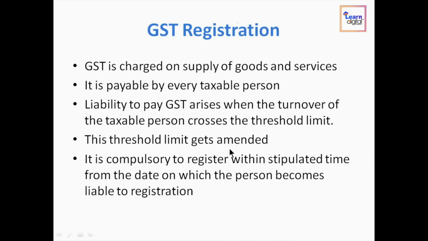It is very mandatory for the business to get GST registration within 30 days. The stipulated time again gets amended from time to time. So within 30 days from when the turnover crosses the threshold limit.